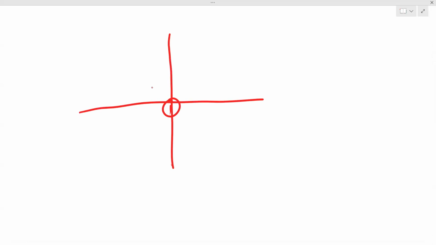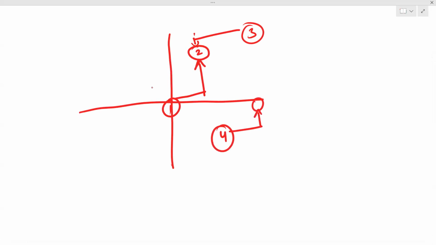Now we'll be given, from the first person's perspective, the second person is here. From the third person's perspective, the second person is here. And maybe from the fourth person's perspective, let's say the fifth person is here. From the fifth person's perspective, the sixth person is here. From the sixth person's perspective, the fourth is here. So how to solve this problem?